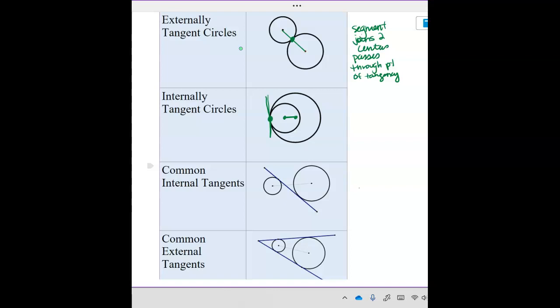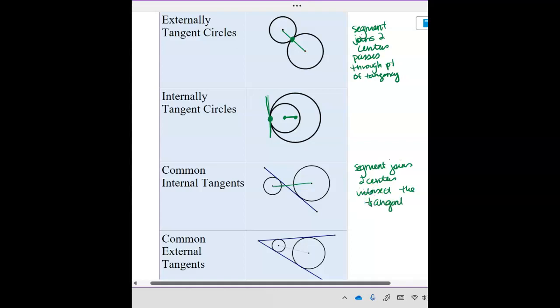Now, what you notice is that there is a faint line that's joining the centers of the circles, and when you have common internal tangents, you know that the segment that joins the two centers is going to intersect the tangent. So the segment that joins the two centers intersects the tangent.